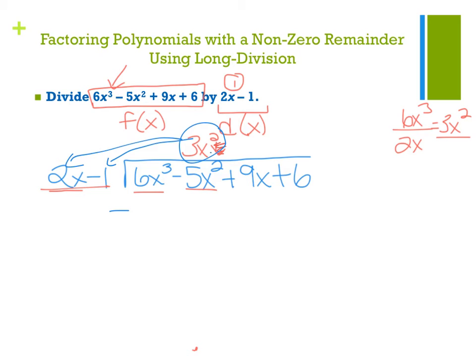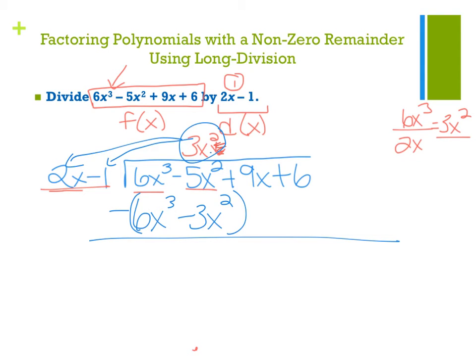So 3x squared times 2x is 6x cubed. 3x squared times negative 1 is negative 3x squared. Now remember that I am subtracting each of these columns. So when I subtract this column right here, 6x cubed minus 6x cubed is nothing, 0.